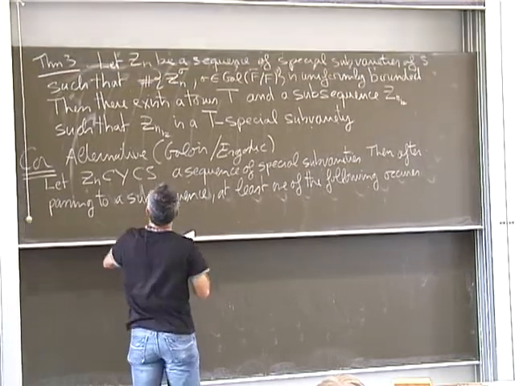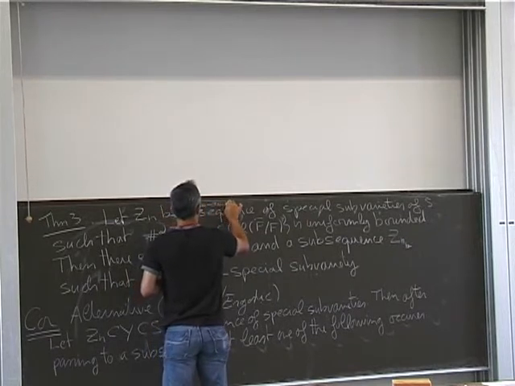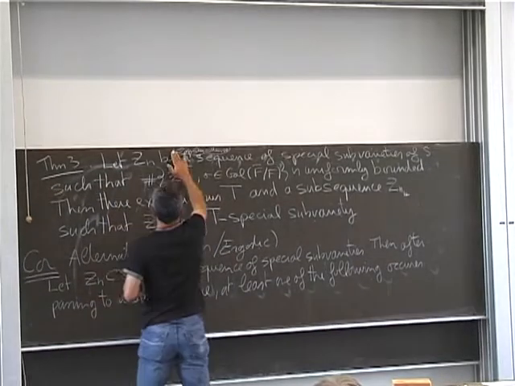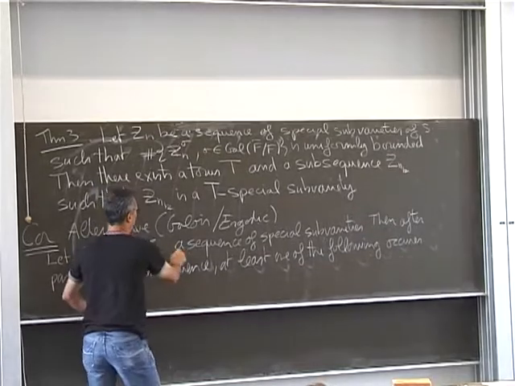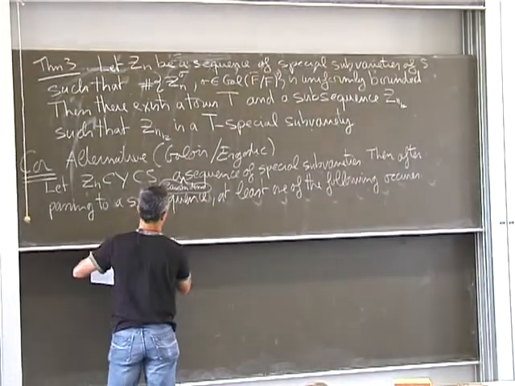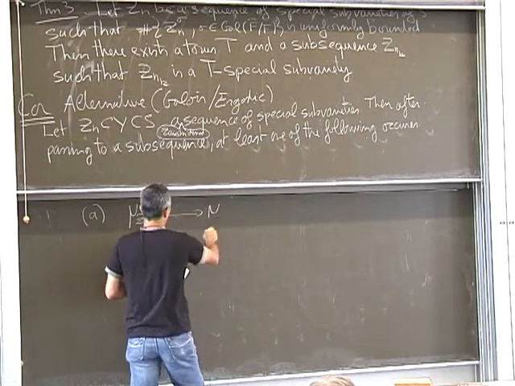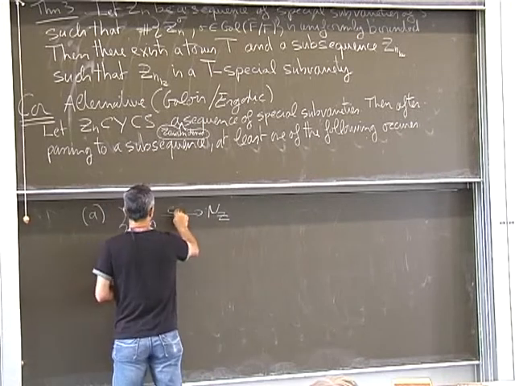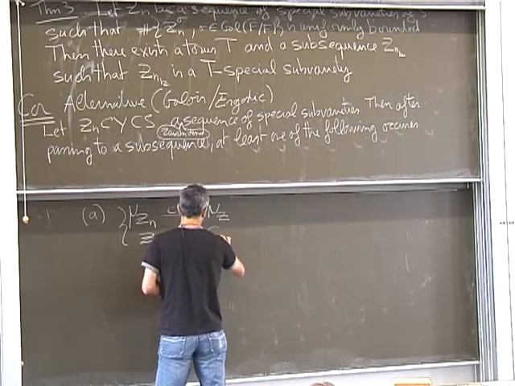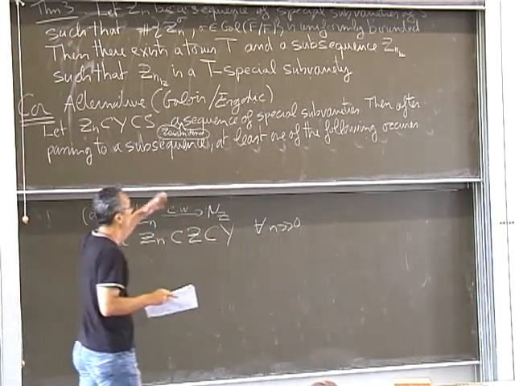So I should say here, let Z_n be Zariski dense in Y. So in the first case, we know that if the Galois orbits are bounded, mu_{Z_n} converges weakly to mu_Z for some Z. Z_n will be included in Z, which is included in Y for all n big enough, after passing to a subsequence.